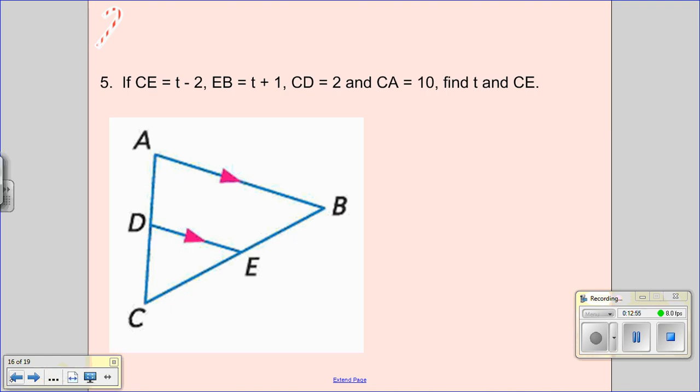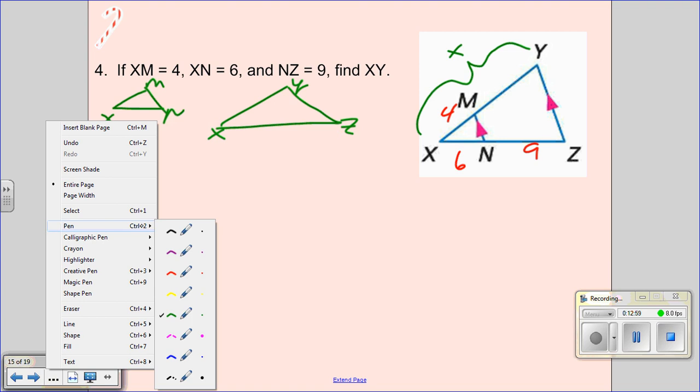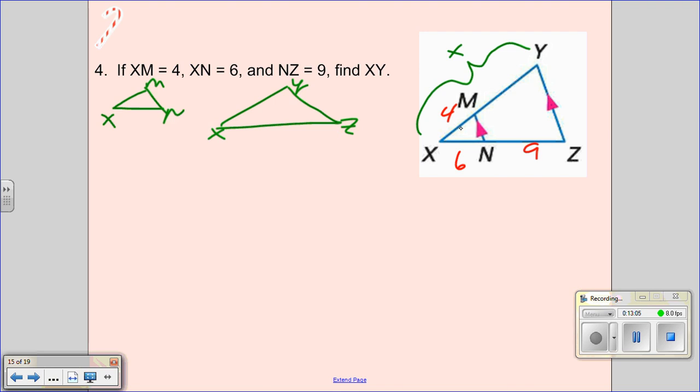And it probably works best to have the congruent angles marked and in the same location when you separate the triangles. So X will be congruent no matter what because both triangles share X, right? And then N is in the corresponding position with Z.